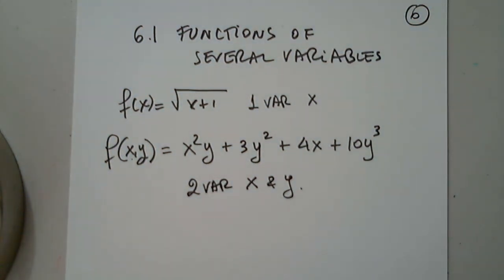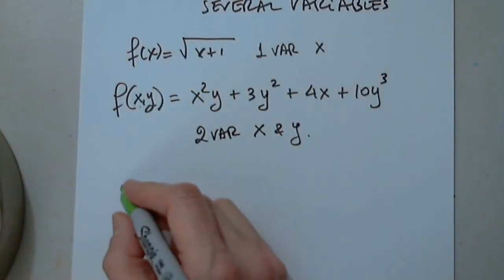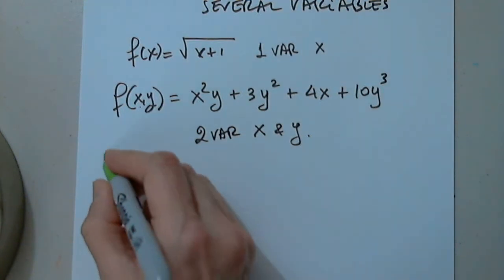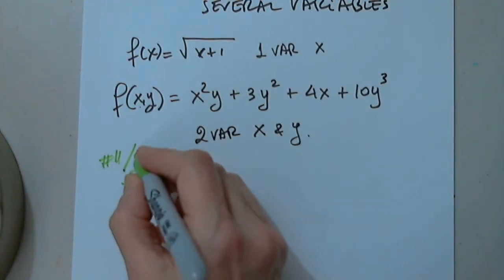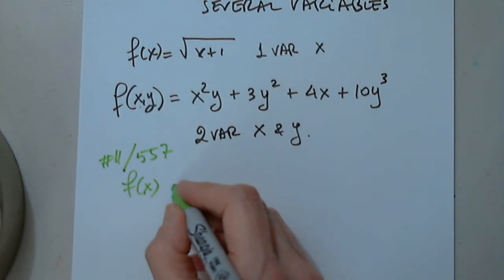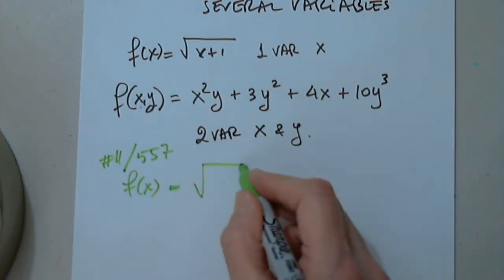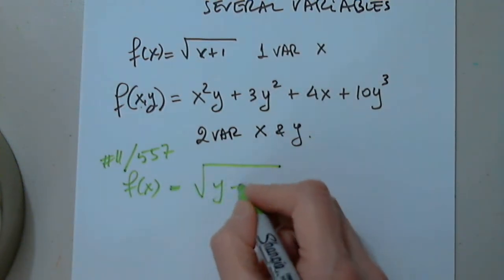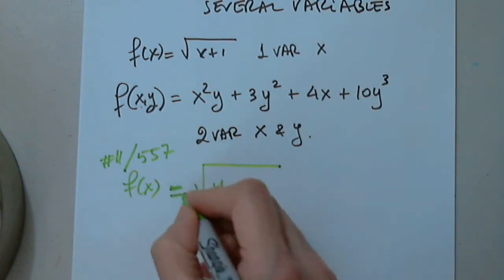Now, the first thing I would like to do is determine domain. So I'd like to look at a couple of functions. For example, here's function number 11 on page 557. So here I have the square root of x plus 1.